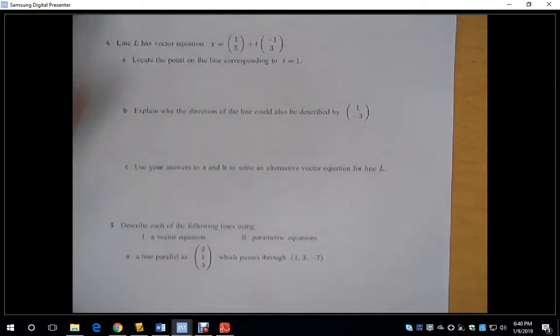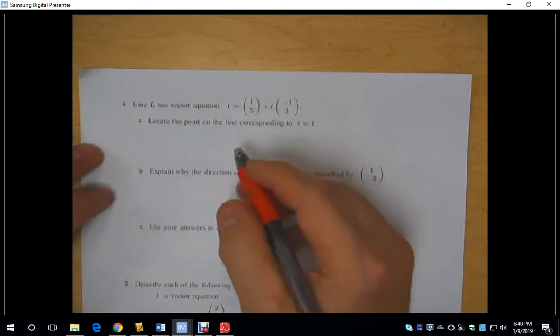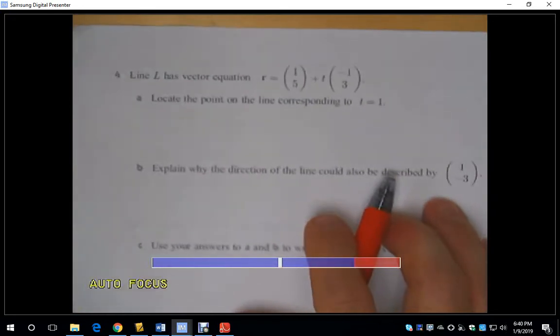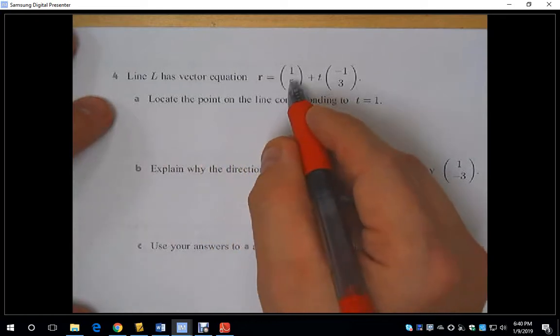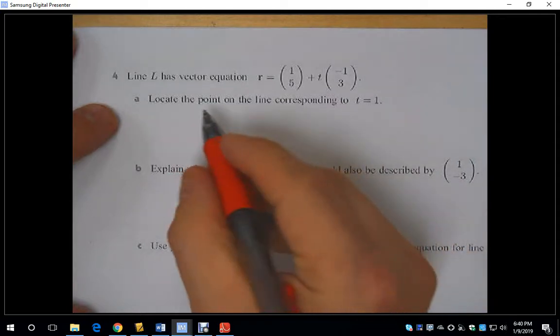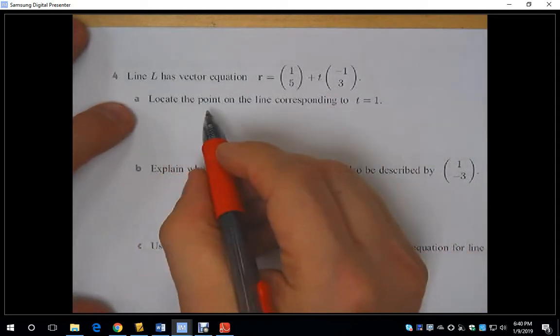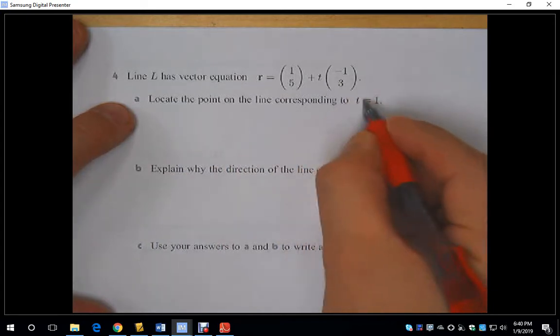So let's look at number 4. It says here that a line L has a vector equation of r equals (1, 5), and then our direction vector is (-1, 3). It says to locate the point on the line corresponding to t equals 1. Let's take that 1 and plug it in and find out.